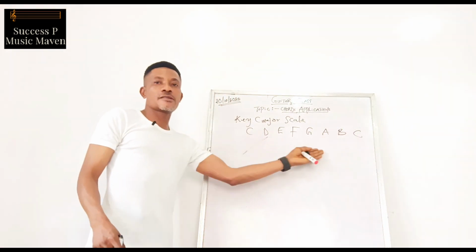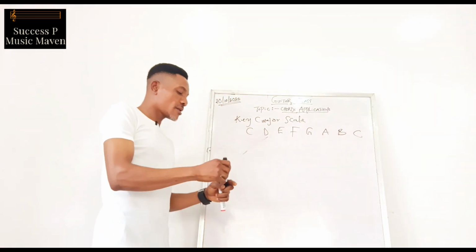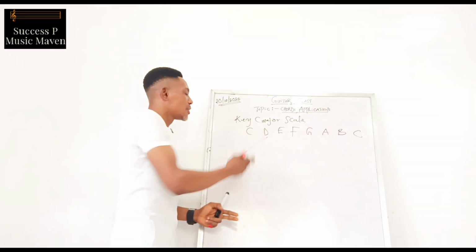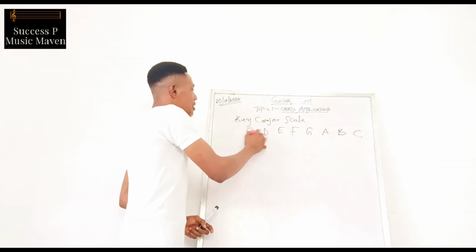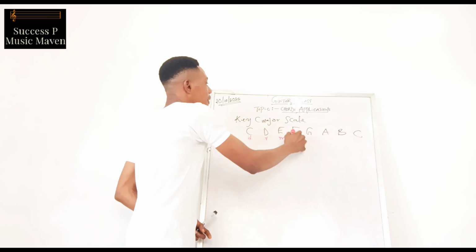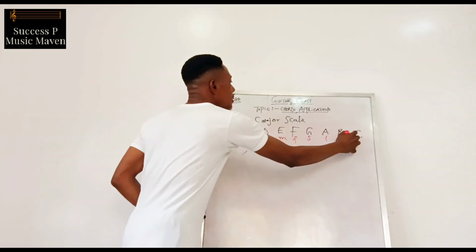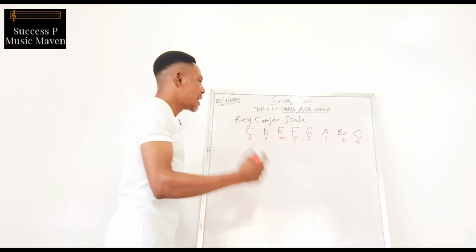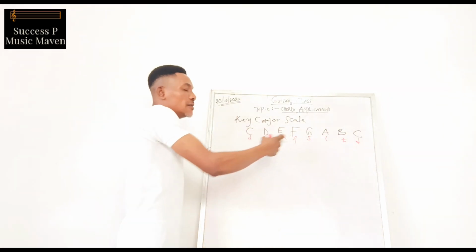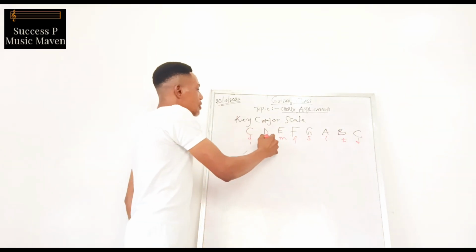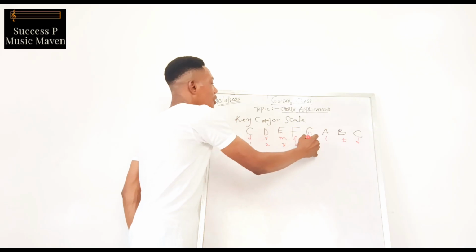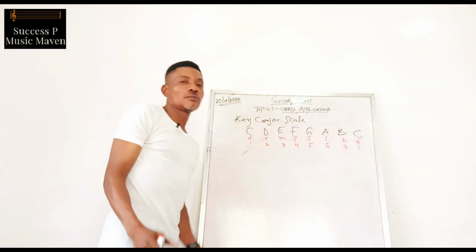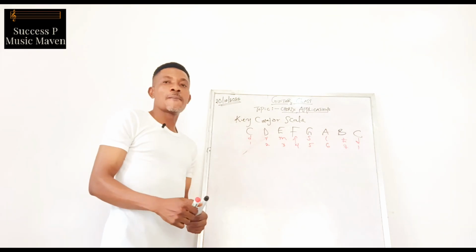Now this is the C major scale, and if I'm playing in this key, I know that C is my Do. Do, Re, Mi, Fa, Sol, La, Ti, Do. Now let's give this scale numbers 1, 2, 3, 4, 5, 6, 7, then back to 1, or some call it 8.